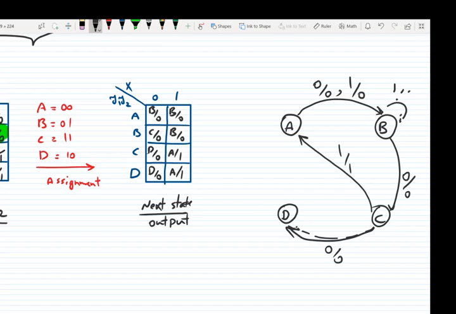If we are in state D, input is 0, there is no change and output is 0. And if the system is in state D and input is 1, the state changes to state A and the output will be 1.